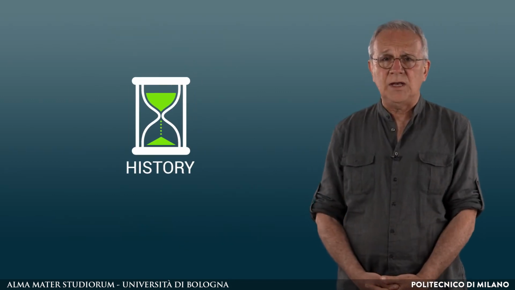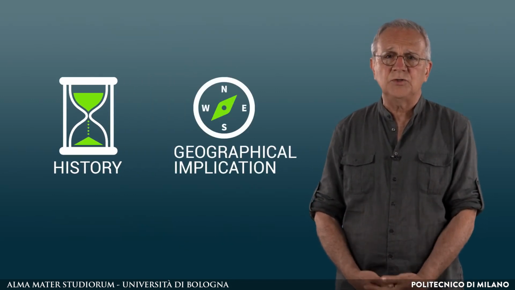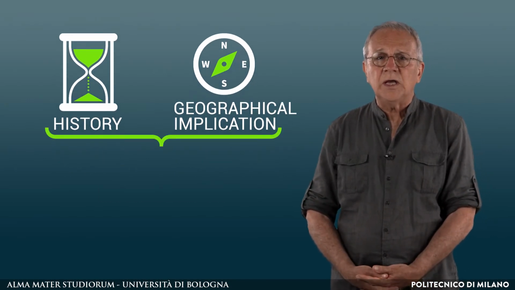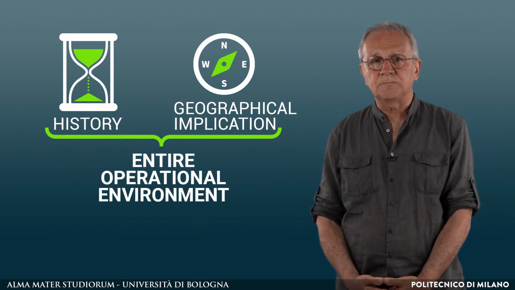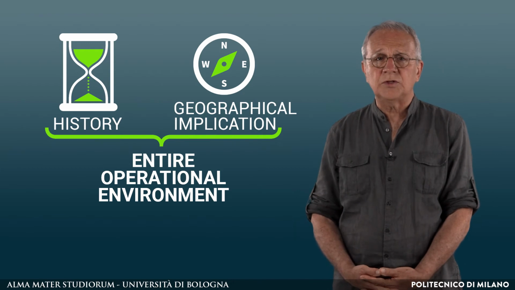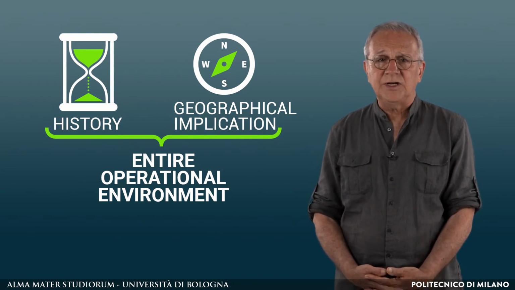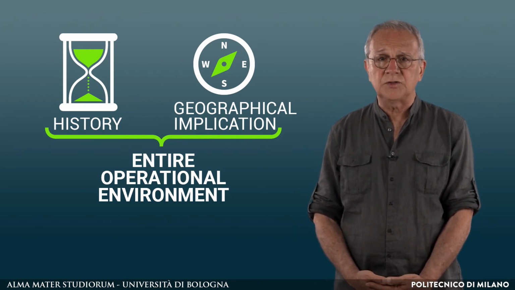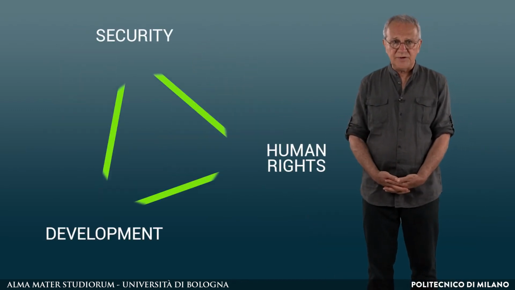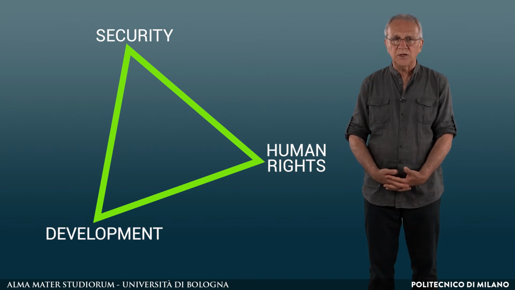Understanding the history as well as the geographical implications is very important, as those factors influence the entire operational environment. In particular, they will determine which populations are the most vulnerable, and their assistance and protection needs. At this point, it is important to remember that security, development, and human rights are strictly interconnected.